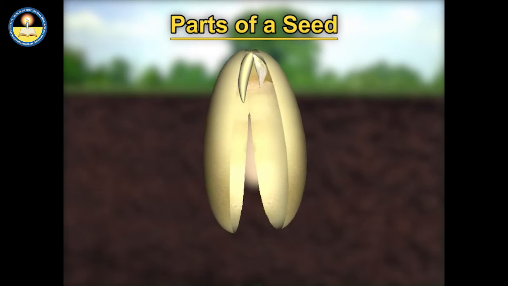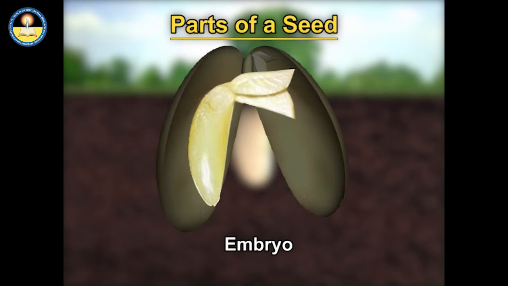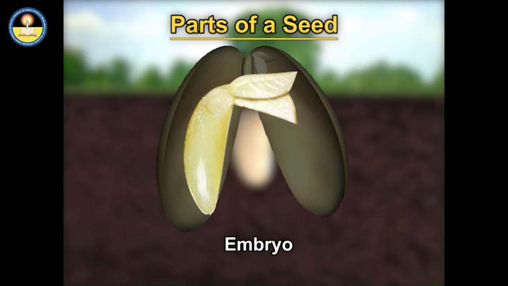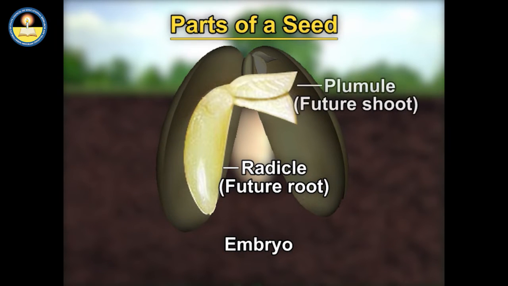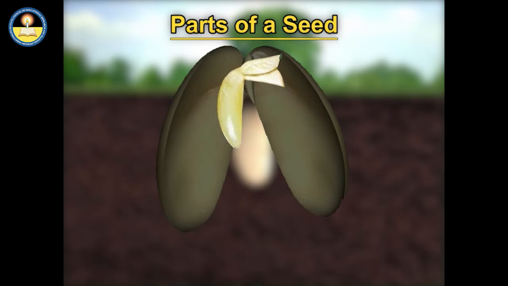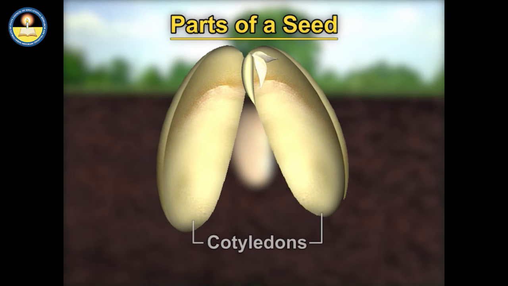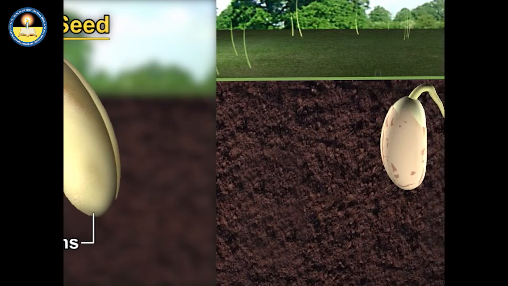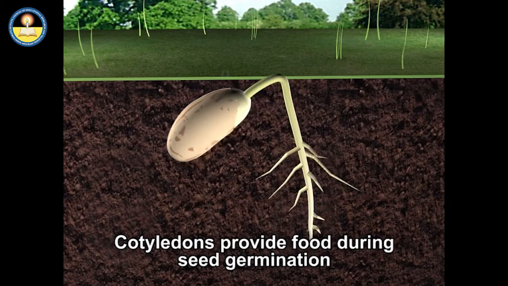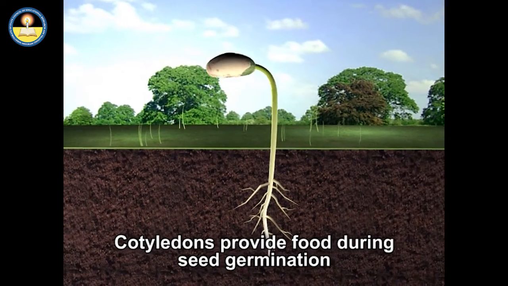The seed contains the embryo, which is made up of the radicle or future root and the plumule or future shoot. The supply of food for the embryo is from the cotyledons until it has formed sufficient roots and leaves to obtain its own food.